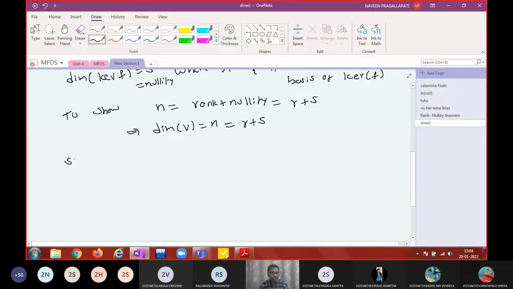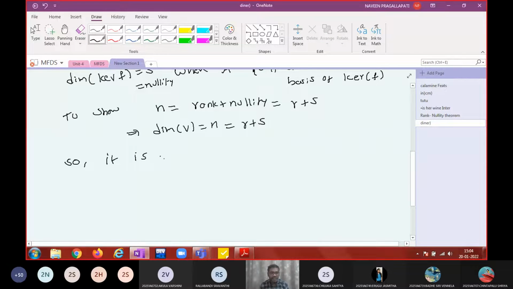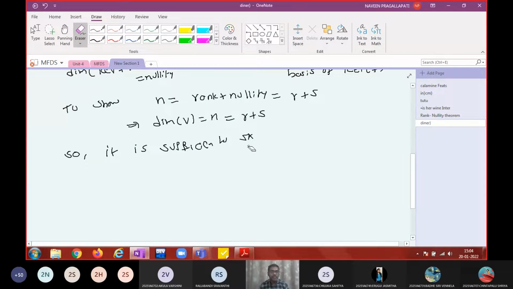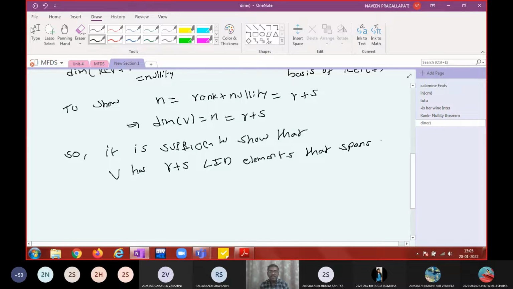Therefore, I consider A and B. It is sufficient to show that V has R plus S linearly independent elements that span V. If R plus S elements are linearly independent and spanning V, then these R plus S elements form a basis.